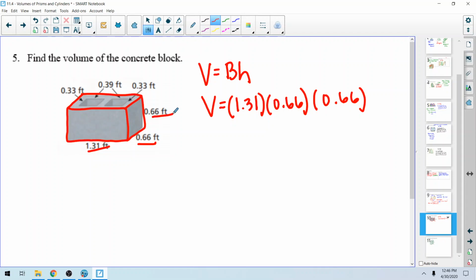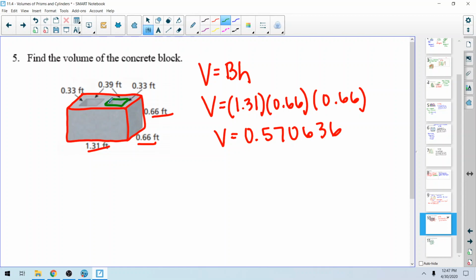So volume is 1.31 times 0.66 times 0.66 is 0.570636.